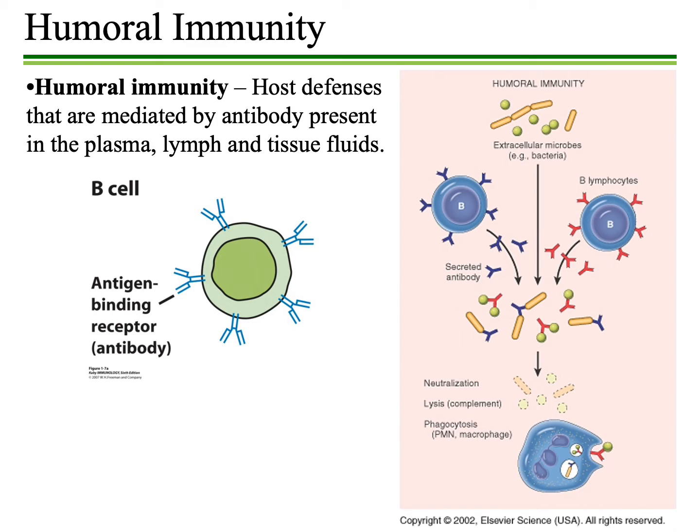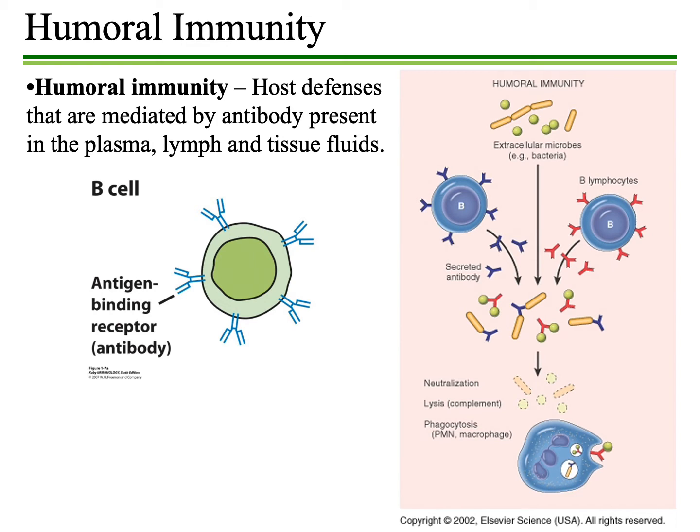To recap what we discussed in the last lecture, naive B cells are B cells that have membrane-associated antibody and have never interacted with an antigen. Once they do interact with an antigen, that triggers their proliferation to eventually produce memory cells as well as effector cells.